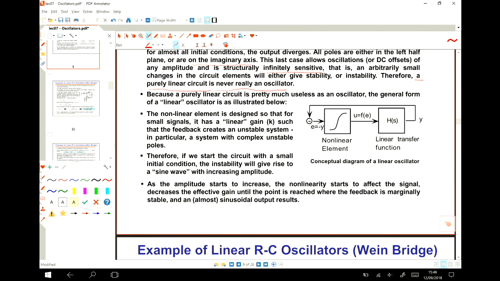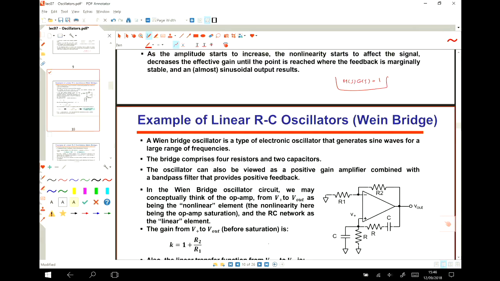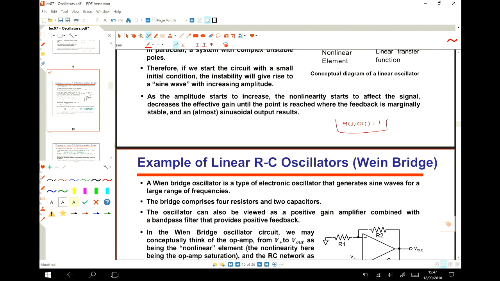If this one is H(s) and for example this one is G(s), then this H(s) multiplied by G(s) should be 1. So this is what we are always looking for. If our system itself has a positive gain, then our feedback network should also have a positive gain. If our system has a negative gain, then our feedback should also have a negative gain. So this is what you should consider.